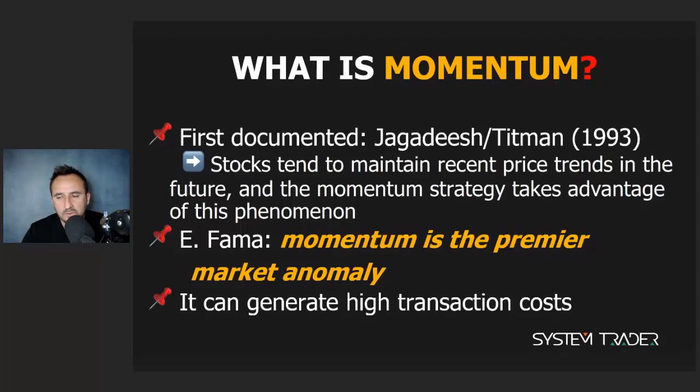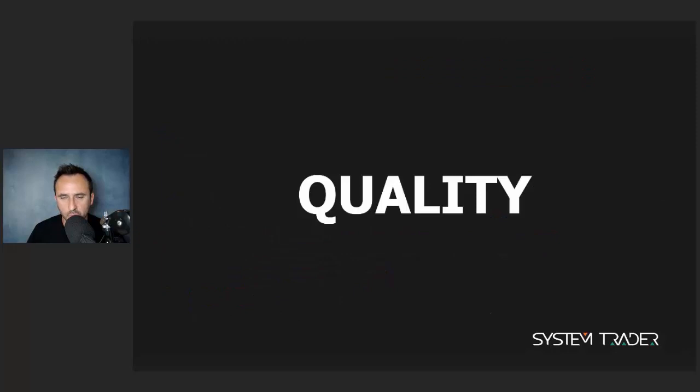It's a high turnover strategy, so although on paper the strategy looks very optimistic, when we consider the transaction costs, it may not look so great. There are other solutions for that, for example, using momentum on indexes, but that's for another occasion in another video.